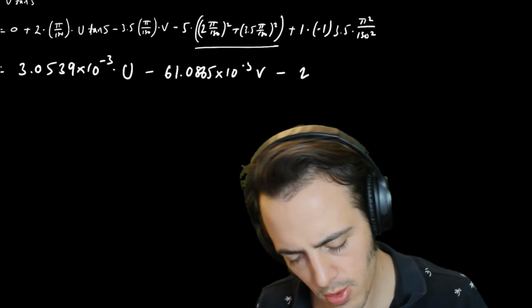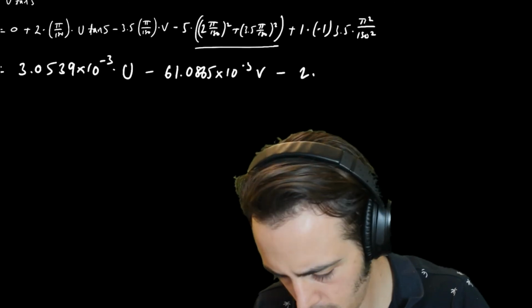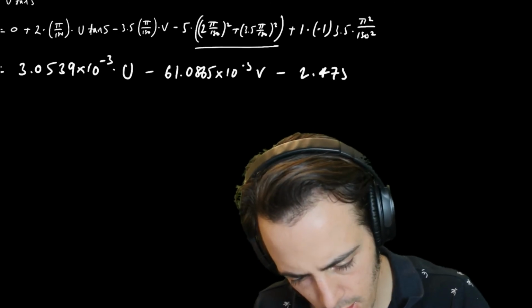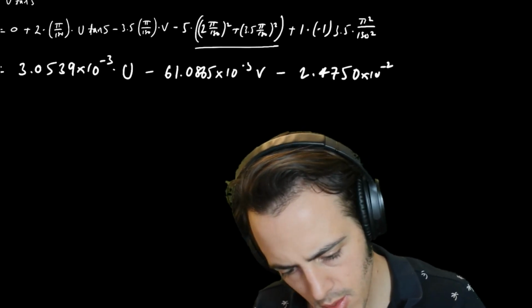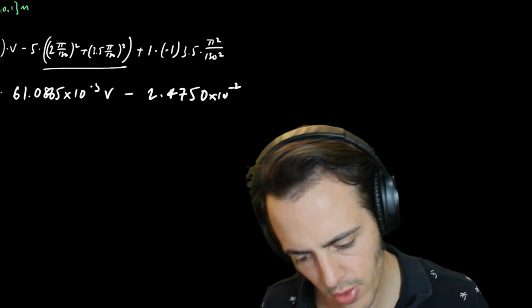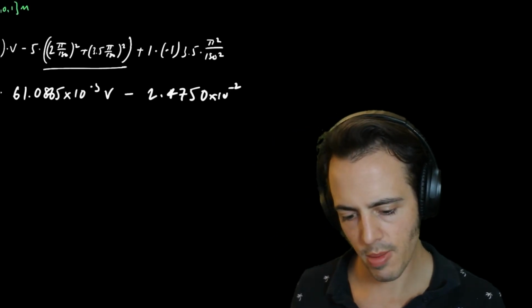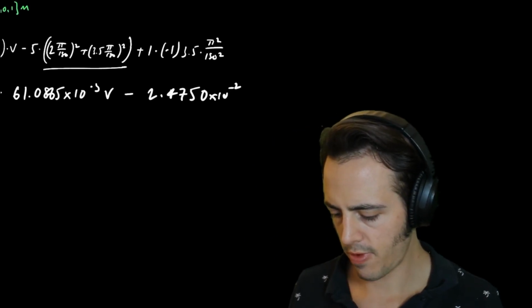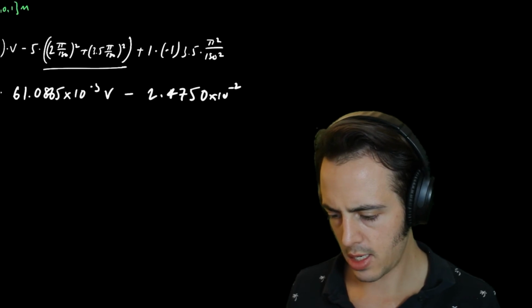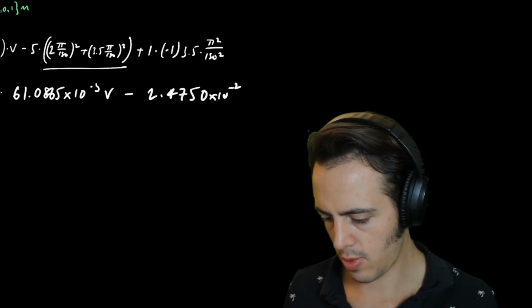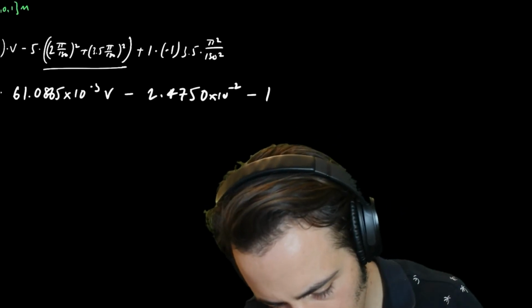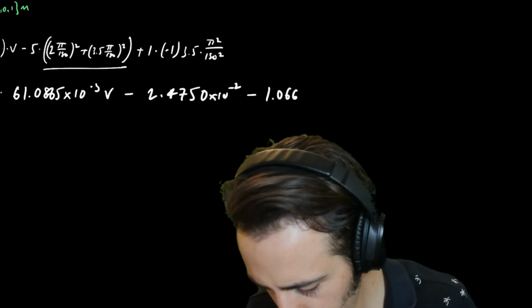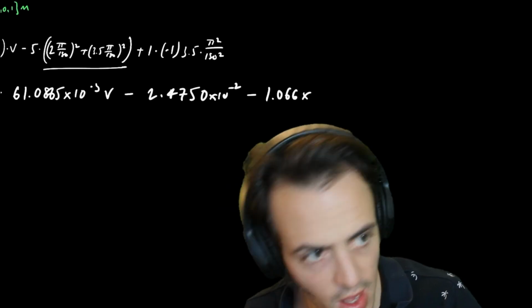Let's say that's 2.4750 times 10 to the minus 2. And then I've just got some numbers here. So that's 1 multiplied by minus 1 multiplied by 3.5 multiplied by pi squared divided by 180 squared. So that's minus 1.066 times 10 to the minus 3.